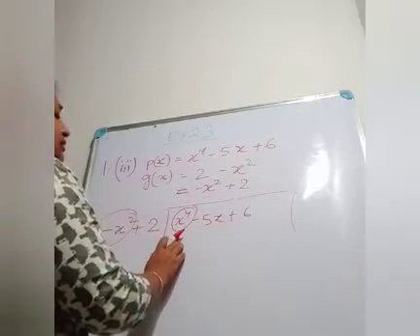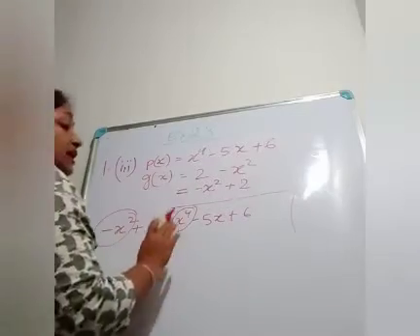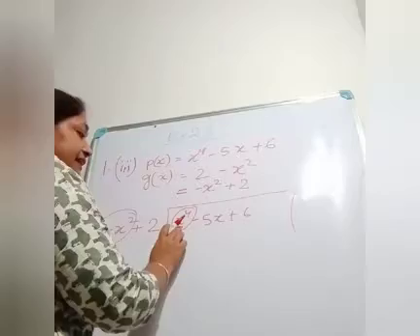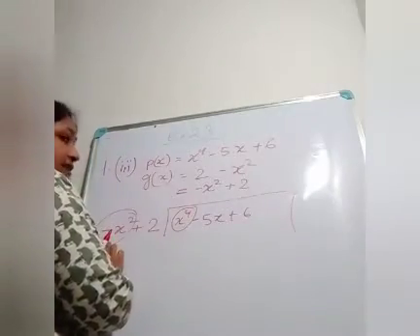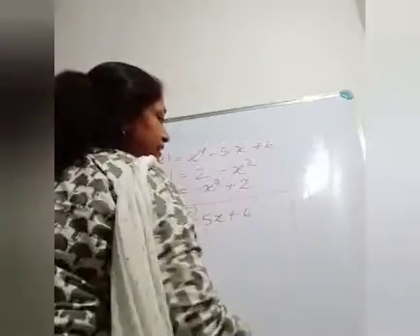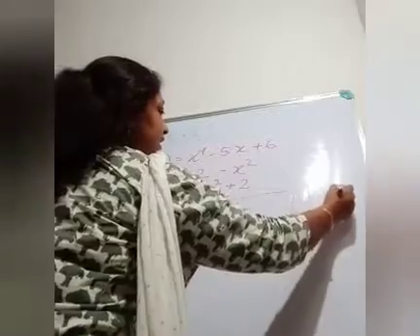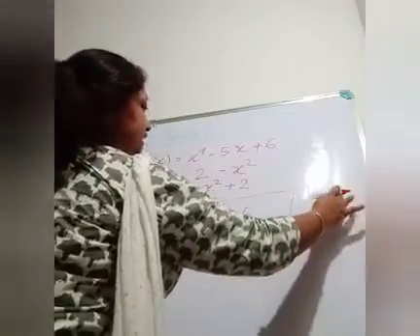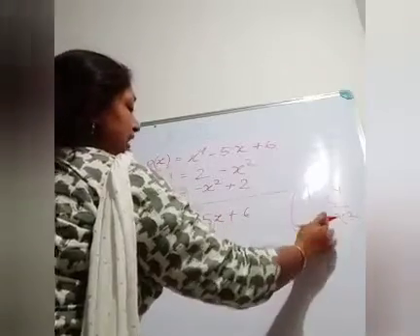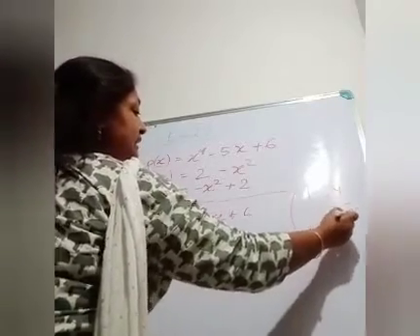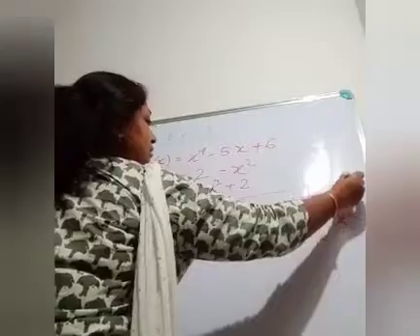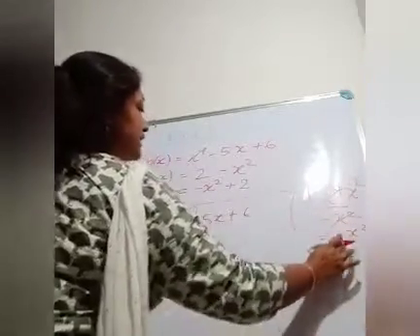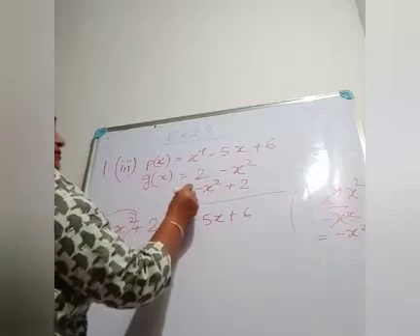Now you have to find the quotient. First you divide x^4 by minus x square in the rough, then you can get the quotient. If I divide x^4 by minus x square, the quotient will be minus x square. So write this minus x square as the quotient.